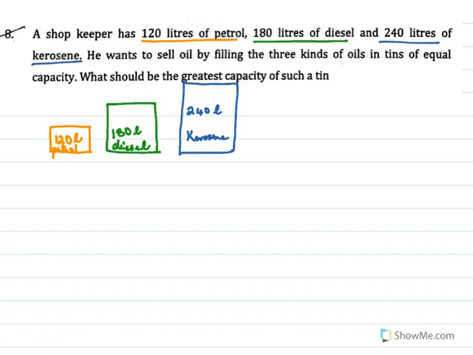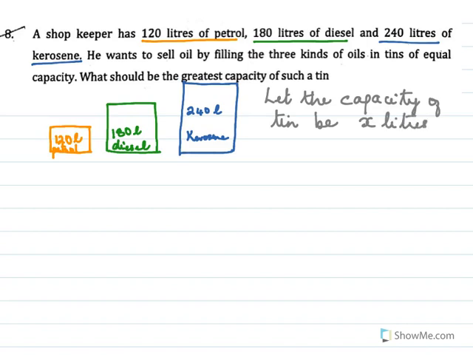Now he wants to sell oil by filling the 3 kinds of oils in tins of equal capacity. What should be the greatest capacity of such a tin? So he wants to make these little tins and fill the petrol, diesel and kerosene in these tins. So let the capacity of each tin be X liters.